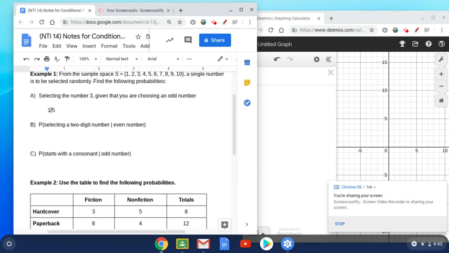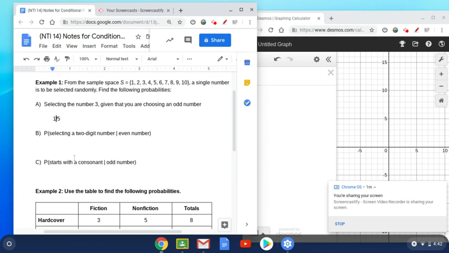Take a look at part B. This one's written a little bit different, but that line right there still represents given. Whatever comes after it is the rule that you have to follow. It's the bottom of your fraction. So part B is saying, find the probability of selecting a 2-digit number given that it's an even number. Well, how many even numbers do we have up here?